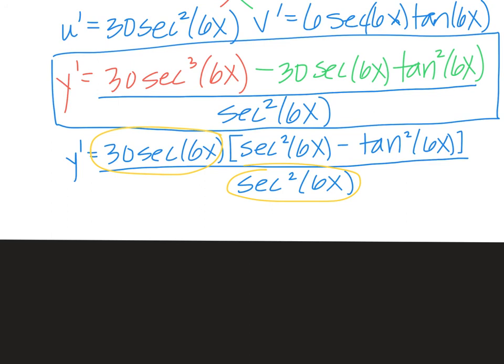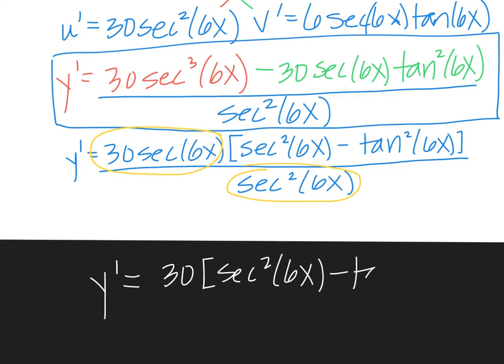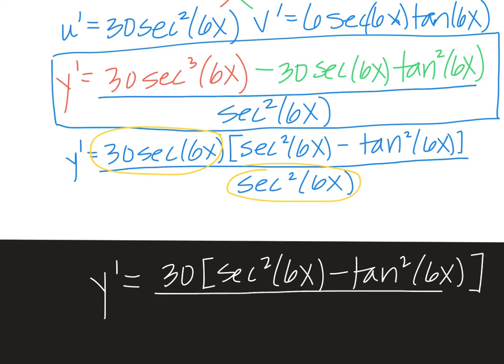So then my final answer would be y prime is equal to 30 times the quantity secant squared of 6x minus the tangent squared of 6x, over the secant of 6x.